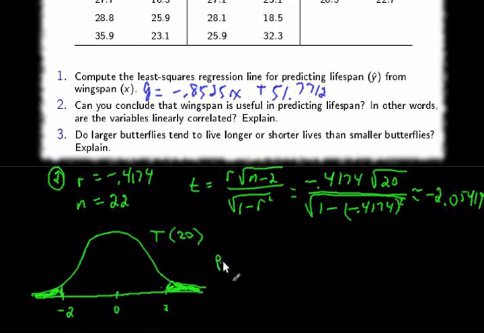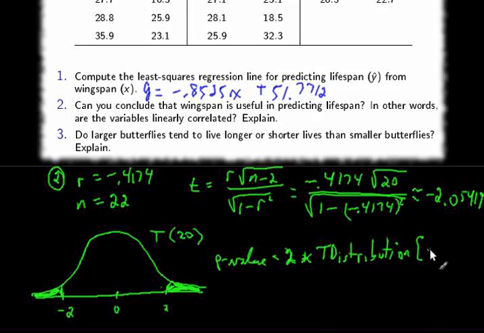So our p-value is 2 times the t distribution with degrees of freedom 20 and value negative 2.054. We'll get the p-value from GeoGebra.